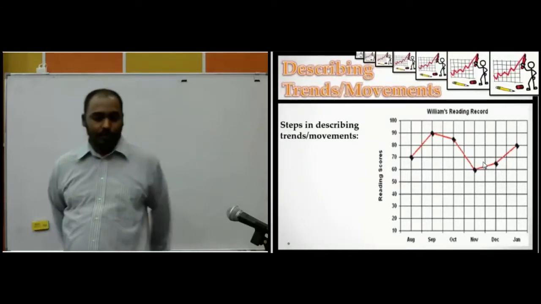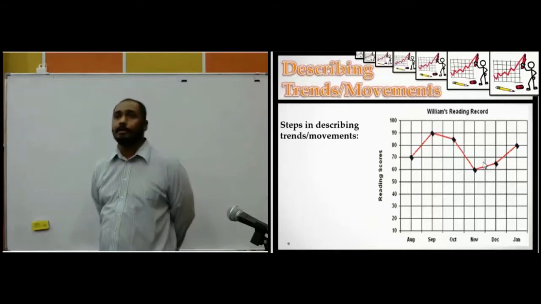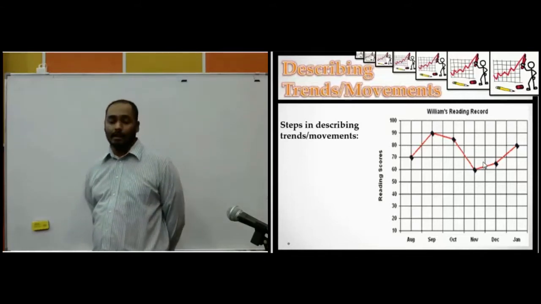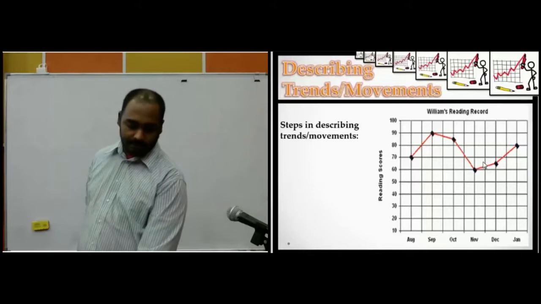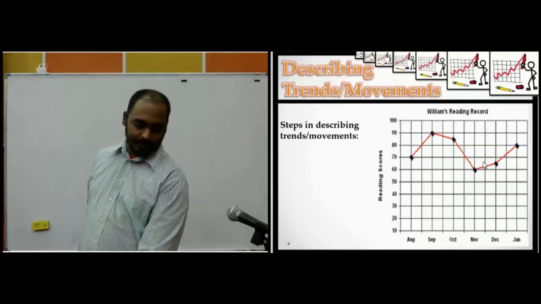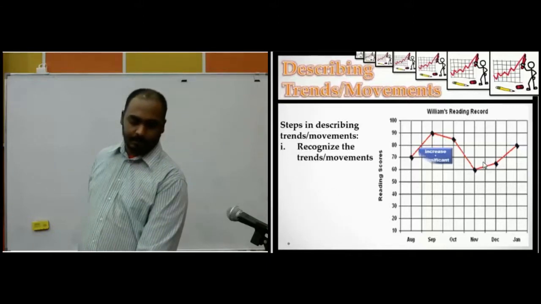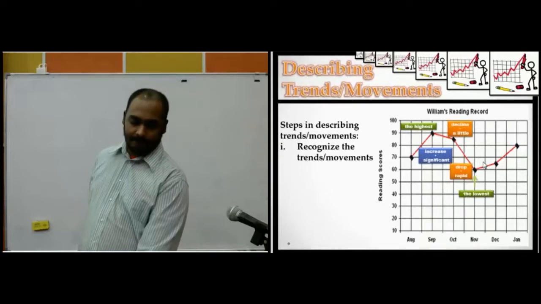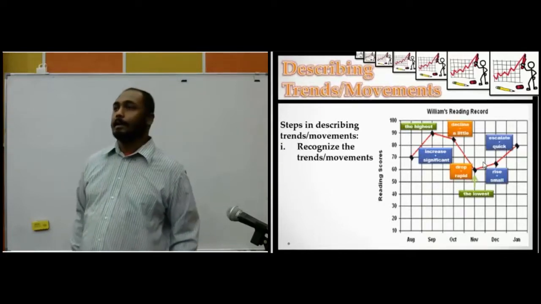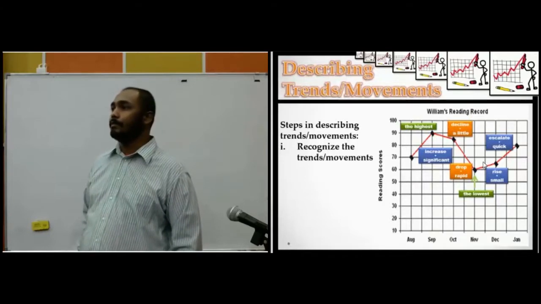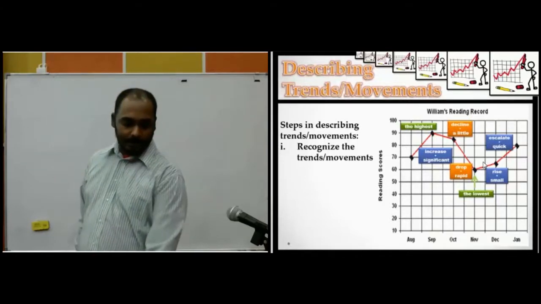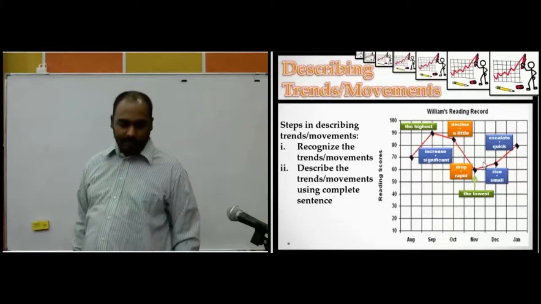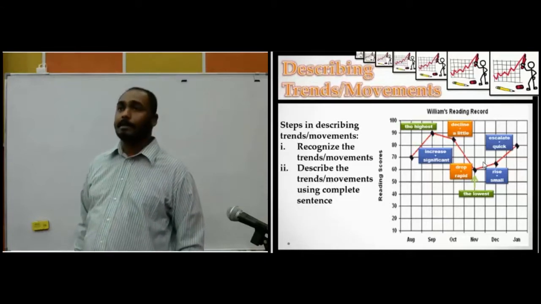I've mentioned to you that in describing trends, the first step is to recognize. We recognized some of the trends in the last lesson, such as these recognized patterns, the changes and movements. Now we are going to focus on describing the trends and movements using complete sentences.